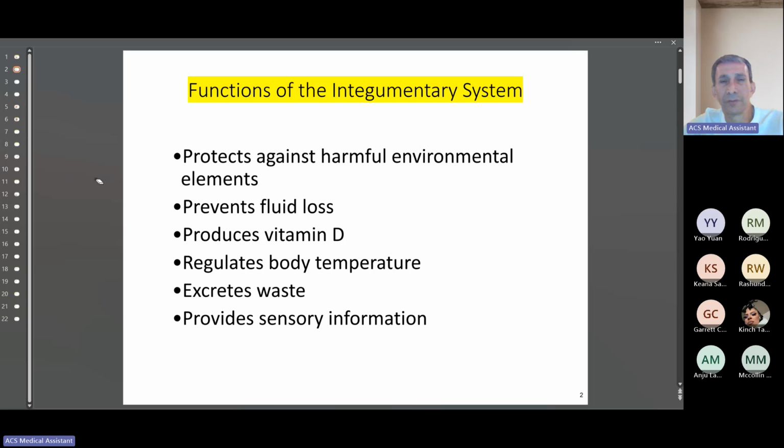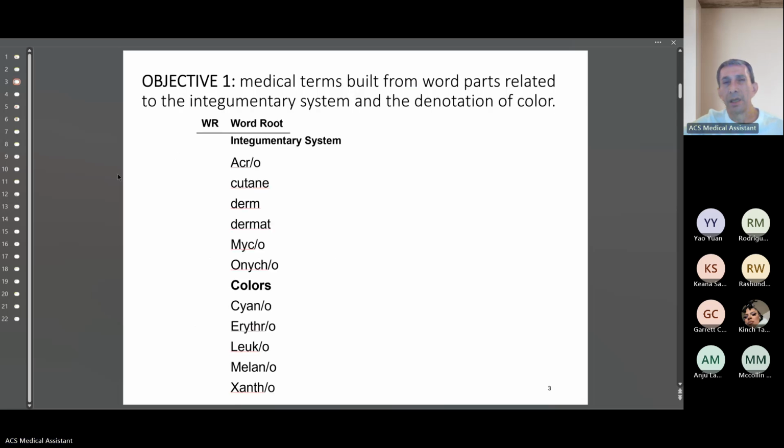Good. So knowing the functions of the skin, now we have an idea what it does. Then we're going to talk about those medical terms, those word roots related to the integumentary system, and those suffixes and prefixes that we're going to use. Here we have some of them.